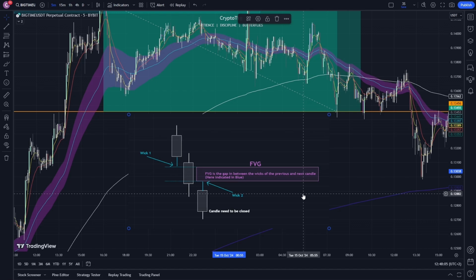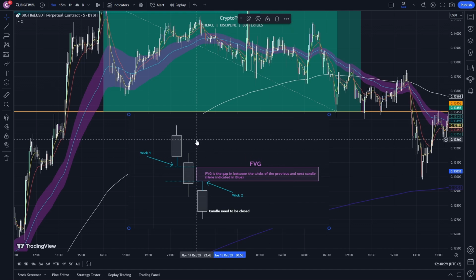A fair value gap, or FVG, as you will see a lot of times, refers to a price inefficiency in the markets where there is a significant imbalance between buyers and sellers. These are often seen as a large price movement with very little trading activity.